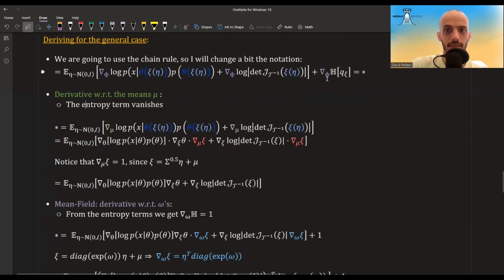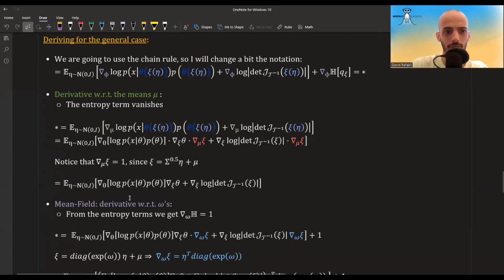So this term cancels. We take the derivative of this with regards to the mean and of this with regards to the mean. Using the chain rule, we transform it to this. Notice that this cancels away because xi is just this. When we take the derivative of this with regards to mu, it just becomes 1. So we are left with just this expression over here.